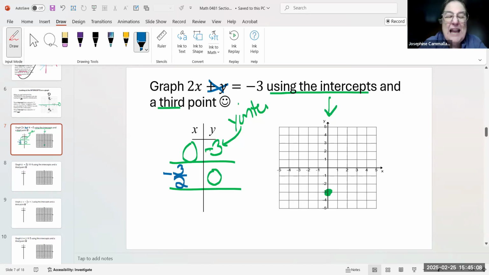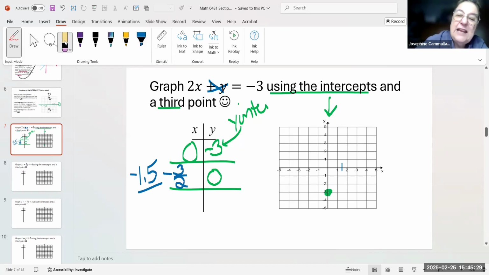Now, some people don't like to graph fractions, so they make this into -1.5. They use the decimal to graph. Now, do you see my 0.5? Well, the 0.5 is going to be, and I'm going negative, so it's going to be over here. It's going to be this point right here.